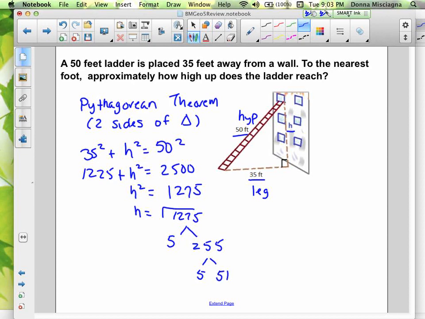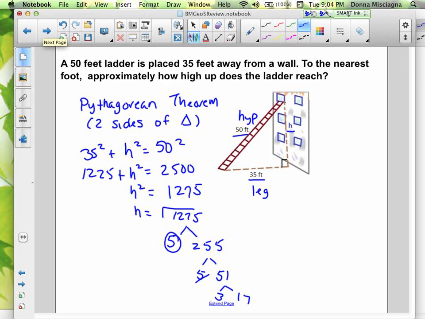51 is not a prime number. It's divisible by 3, and it goes in 17 times. So 3 and 17 are prime numbers. So the 15 comes out, the 15 goes away.